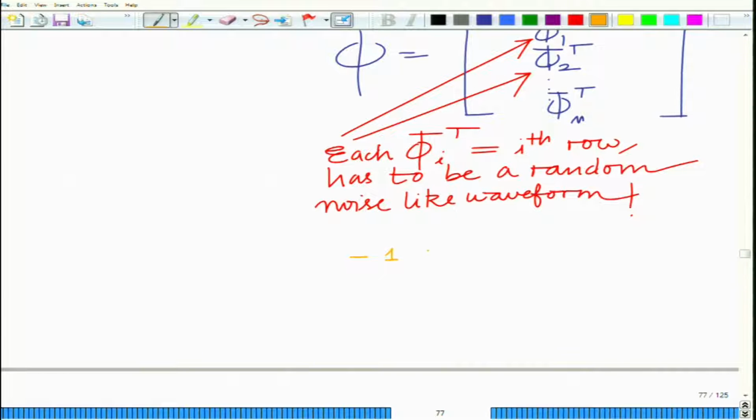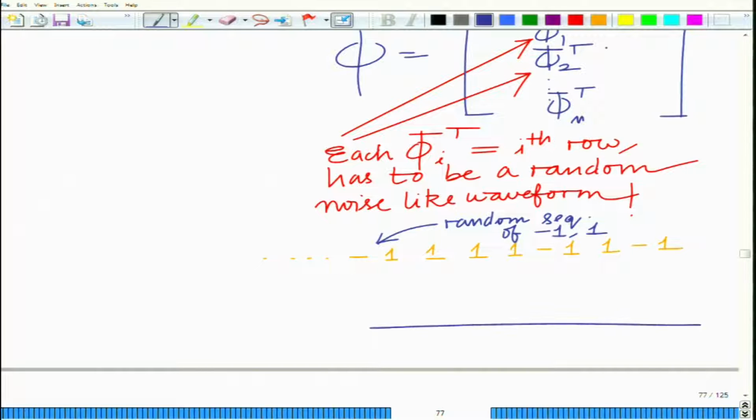For instance, it can be a random sequence of minus 1, 1, or it has to be some random noise like waveform such as Gaussian, and so on. So, it has to be either a random noise like waveform or a random sequence of ones and minus ones, and so on.